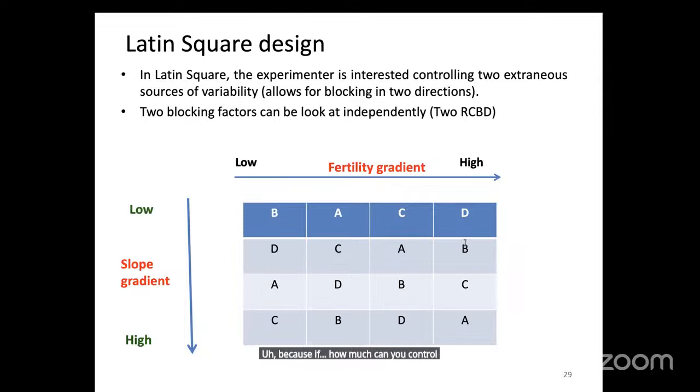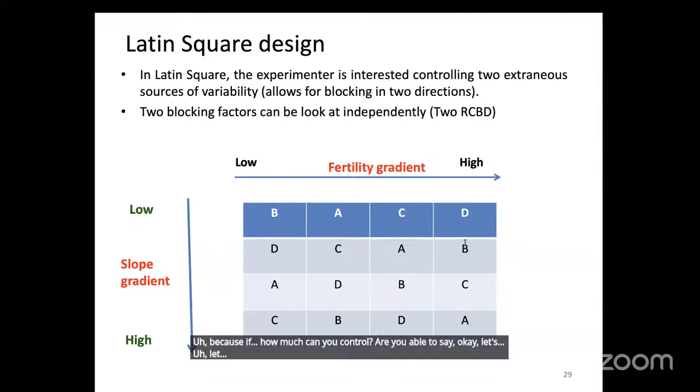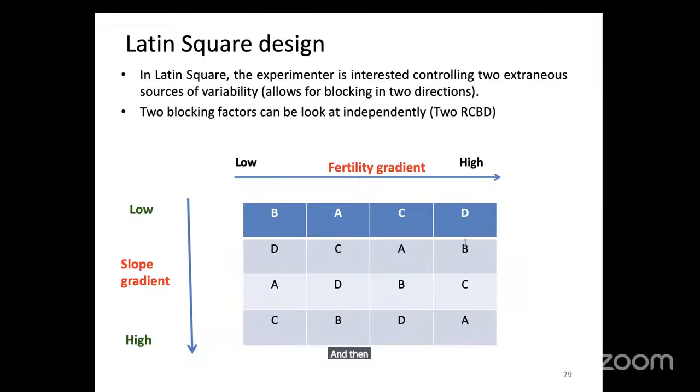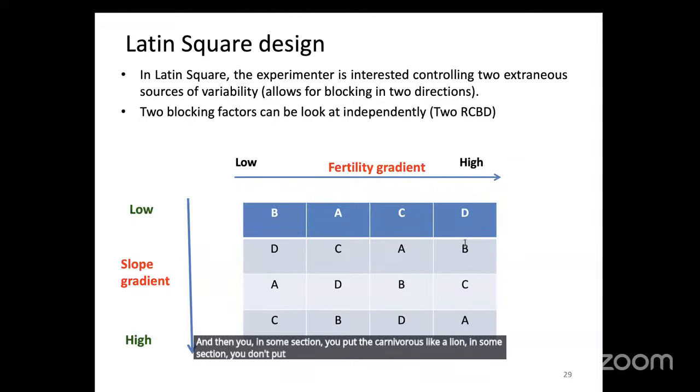Are you able to say, for example, you partition a section of the park, and in some section you put a carnivore like a lion, in some section you don't, and then you monitor diversity over a period of time? Now, you find this may be a bit of a challenge.